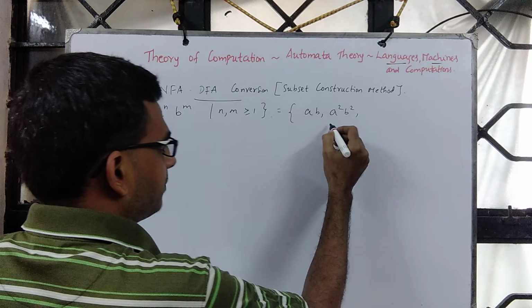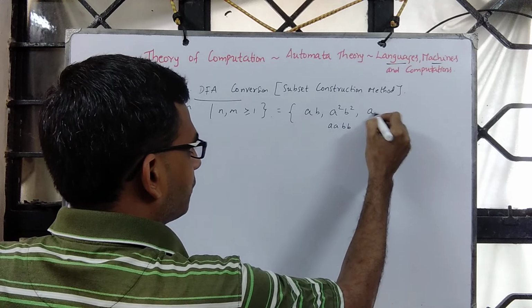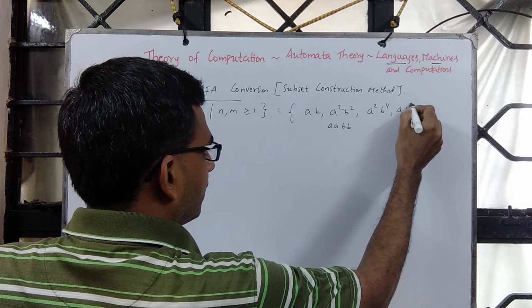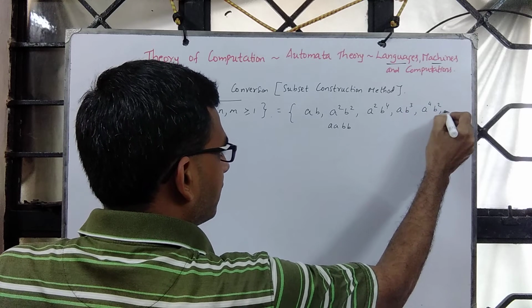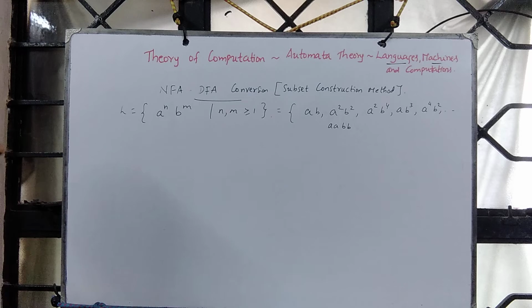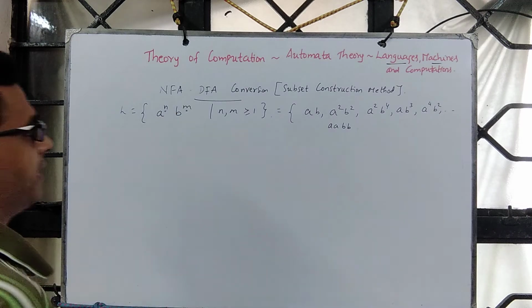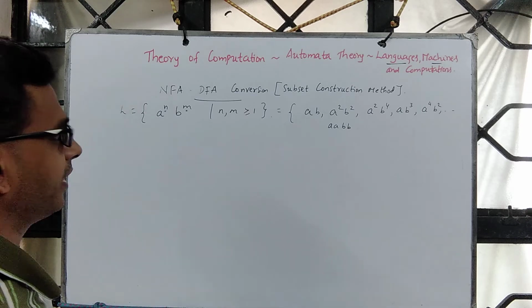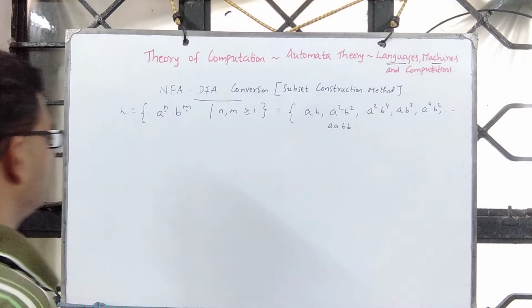When I say a squared b squared, it is AA followed by BB, or it could be a to the power 4, or a b cubed, or a to the power 4 b squared, and so on. It has at least one A and at least one B, and there is no relation between A and B because they are two different integers.